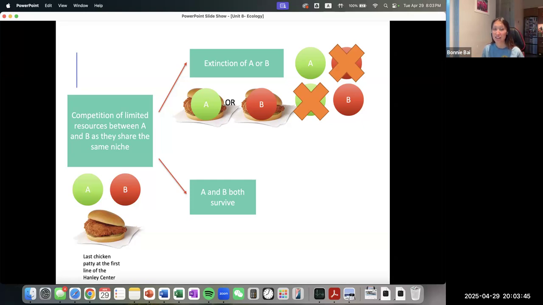Because the ones that didn't evolve and get to eat these other foods as their resources may not have made it in this situation. And through generations, maybe B will consistently eat the worms. Maybe A will consistently eat insects instead of the worms, or maybe they're eating a different kind of worm, or maybe they both eat nuts, but they can eat nuts of different sizes.